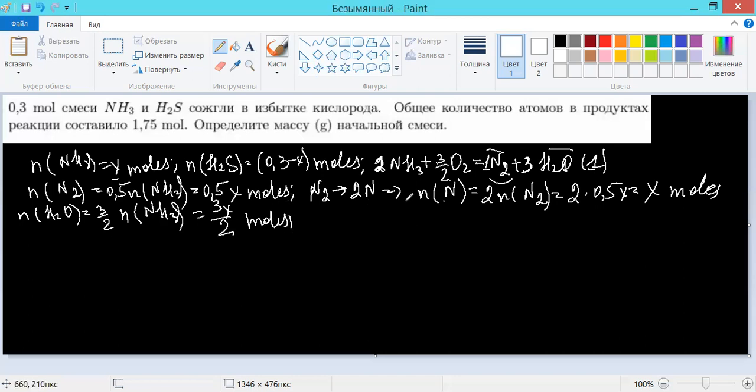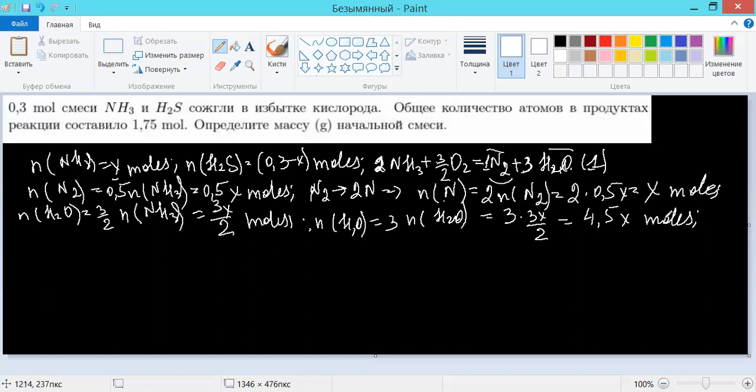But we also see that one molecule of water contains 3 atoms, 2 hydrogen atoms and 1 oxygen atom. For that reason, the amount of the H and O atoms equals 3 times the amount of water molecules. And that means that we're supposed to multiply 3x over 2 by 3, and we will get 4.5x moles. Okay, yeah.